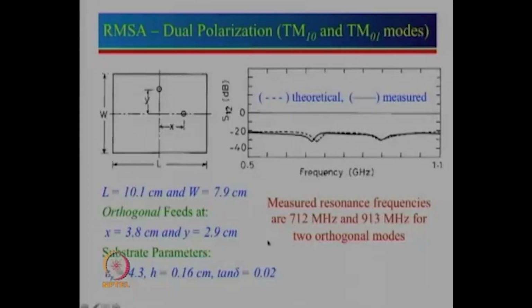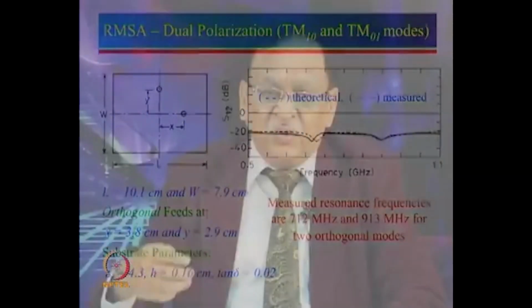Of course, just to mention here, this can also be applied to a square patch, where L will be equal to W and the two resonances will merge into a single resonance, something like a square patch with two orthogonal polarizations at exactly the same frequency. In fact, many MIMO antennas, which means multiple input multiple output, use horizontal and vertical polarization.